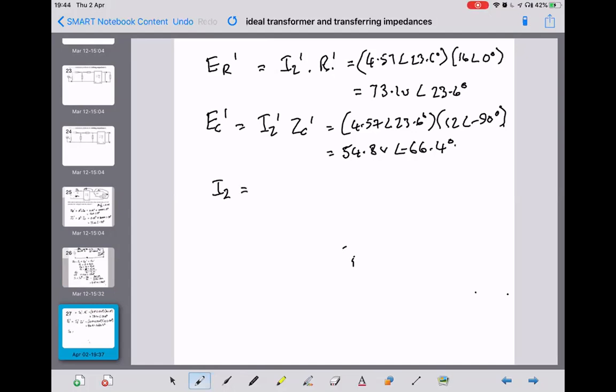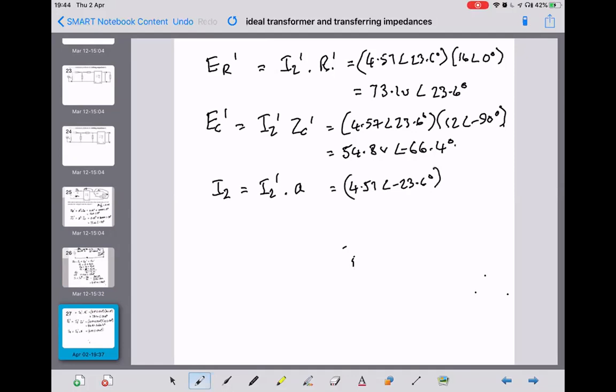For I2 dash, I2 dash is equal to I2 over A, so you could rearrange that to be I2 dash times A. I2 dash was 4.57 angle minus 23.6.